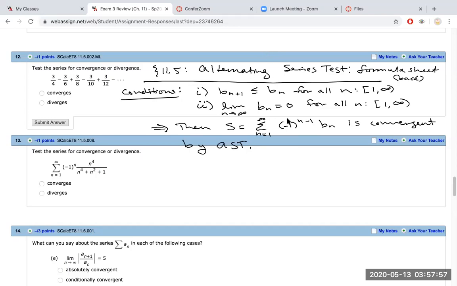Now, essentially, where this comes in is when you have negative and positive values showing up in your summation. A sub n will be the part with the negative and positive values, and B sub n is the absolute value of A sub n. So it just gets rid of the negative part here.